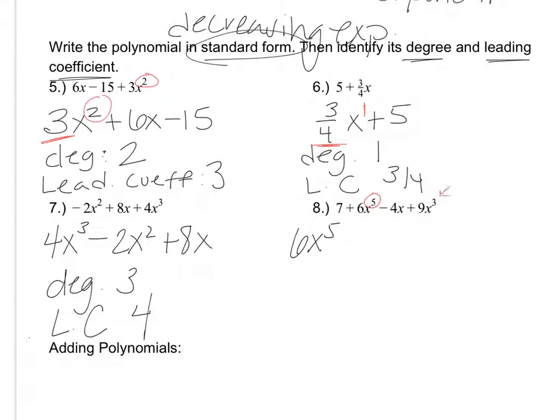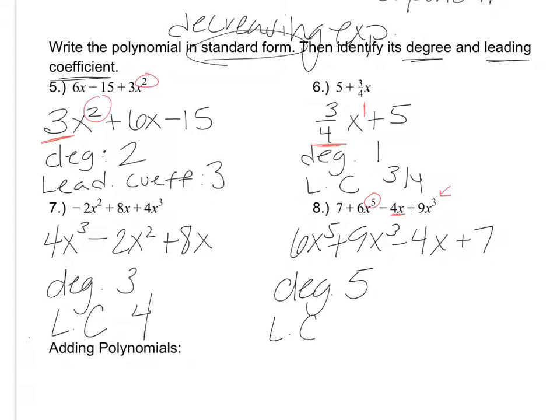Then we have a 3, so we're going to jot that one down. There's no 2, but there's a 1 right here. And then finally the number that's by itself. So this one, the degree, of course, biggest exponent 5, leading coefficient, the number at the front, which is the 6.